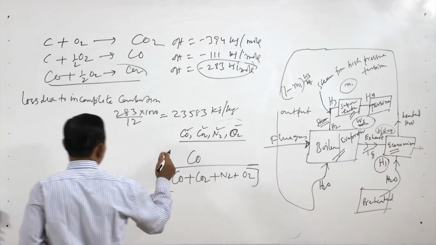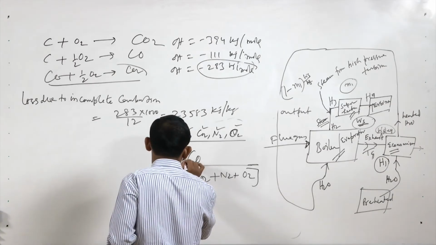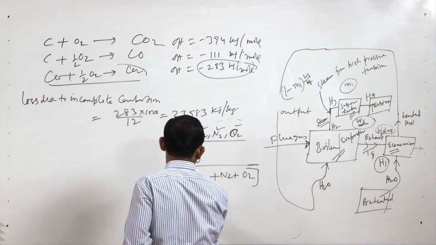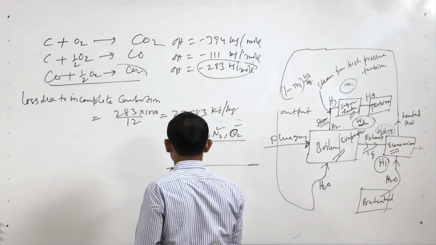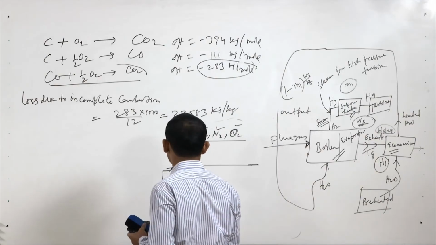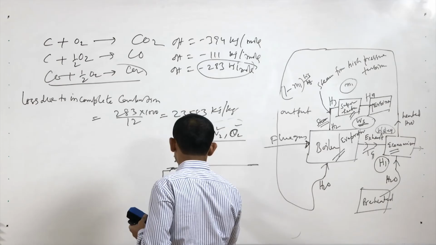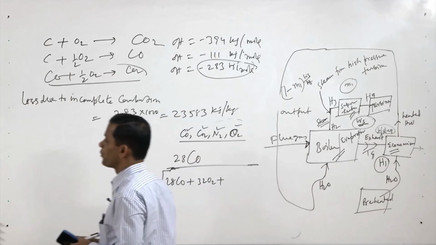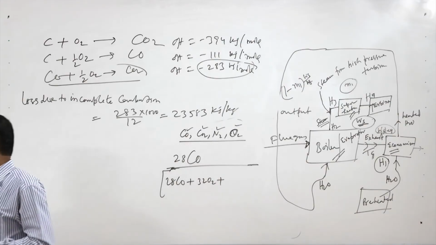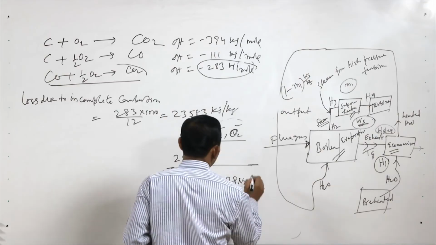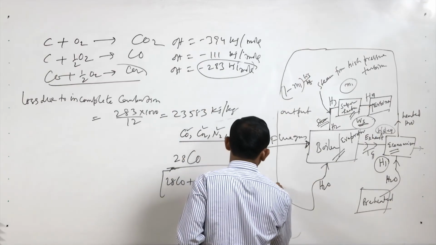Now, if we multiply it with the molecular weight in terms of mass, this will be 28 into CO plus 32 into O2 plus 28 into N2 plus 44 into CO2.